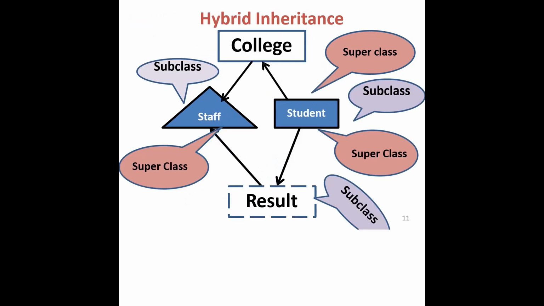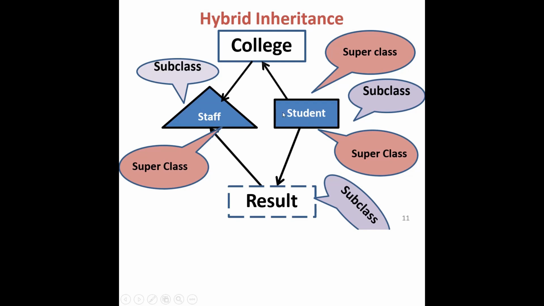Hybrid inheritance. The hybrid inheritance is a combination of different inheritances. See in this example, the college is one superclass. From the college superclass, two subclasses are derived. The two subclasses are staff and student.